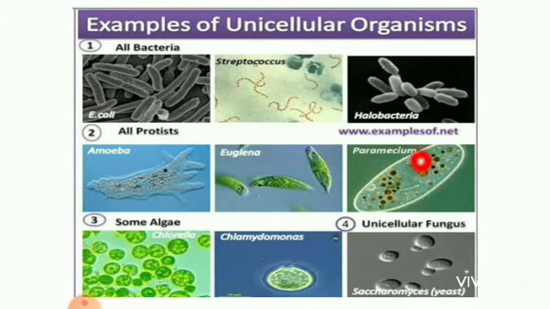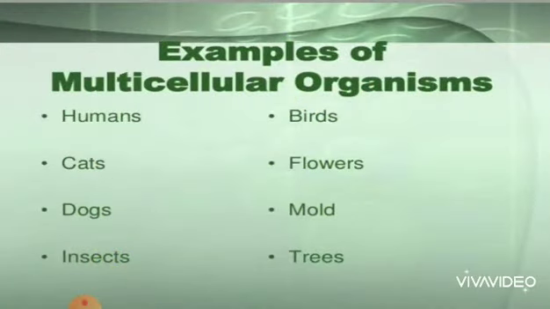These organisms have only one cell, so they are called unicellular organisms. Do you follow, children? Next, other examples of multicellular organisms. Multicellular organism means the organism has more than one cell. What are they? Humans, cats, dogs, insects, birds, flowers, mold, trees. These are the examples of multicellular organisms. Do you understand, children?